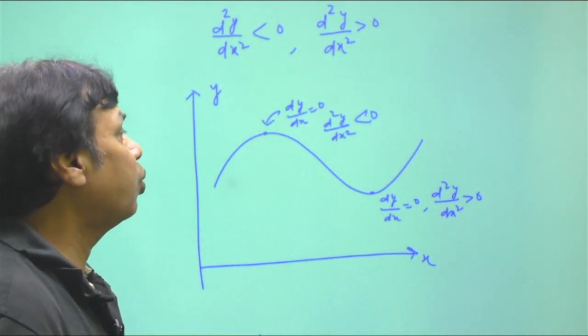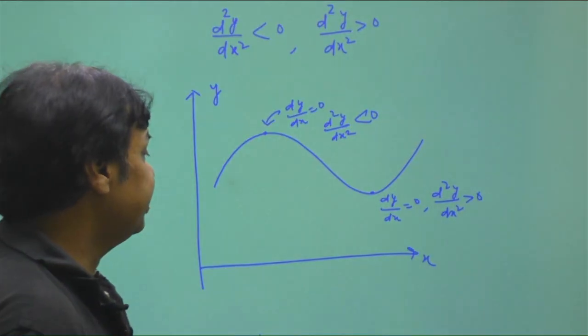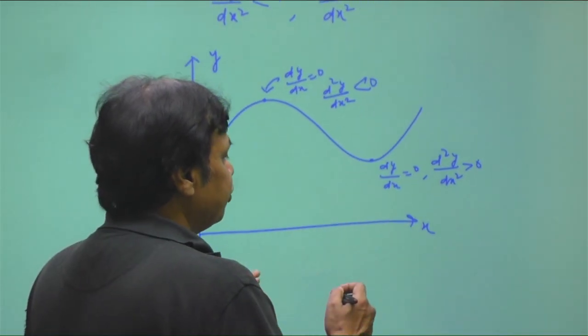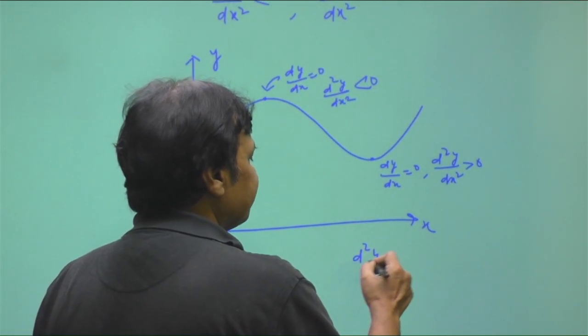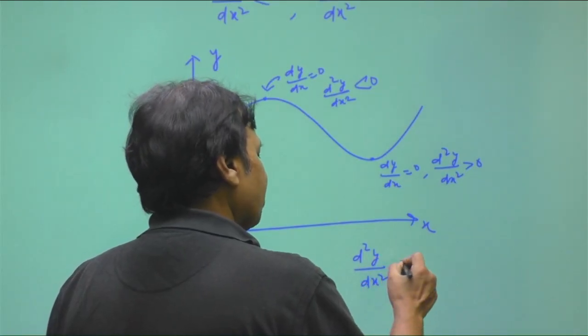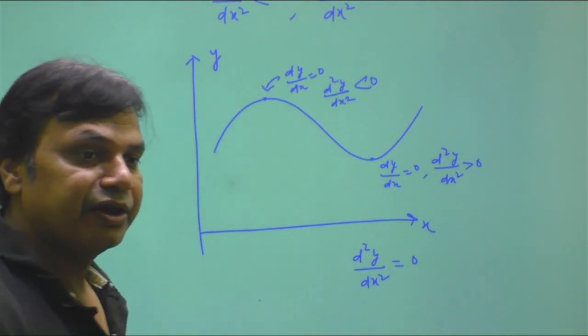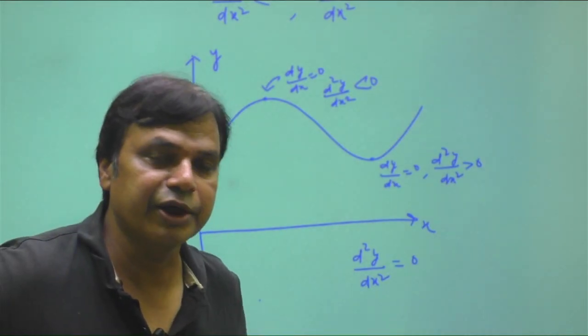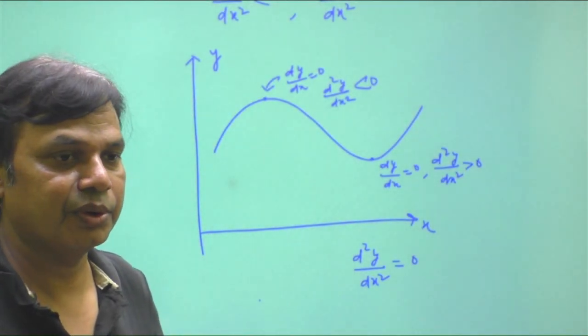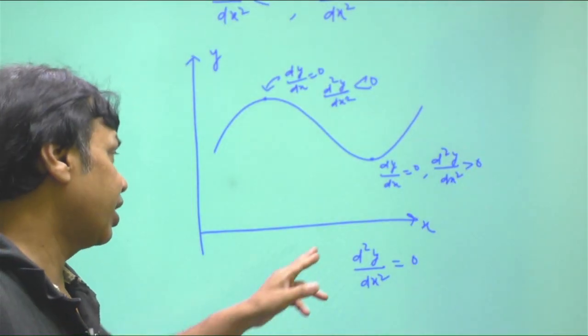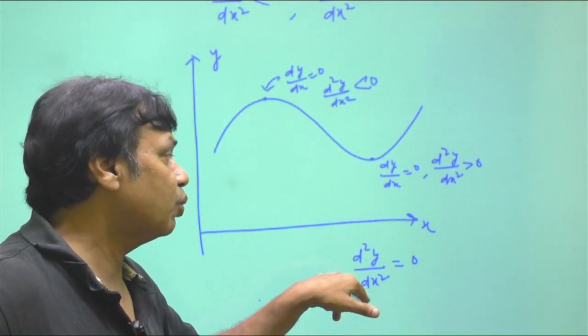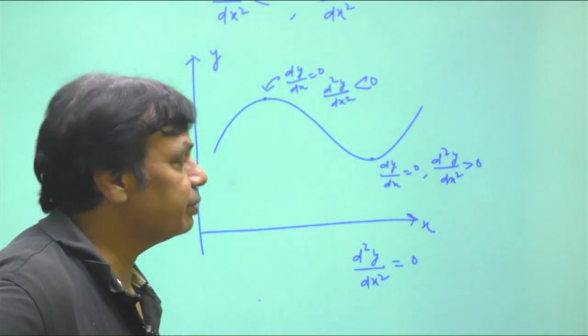And when is d2y upon dx square 0? That usually comes to mind, because we can easily identify the points where dy by dx is equal to 0, but we need to identify the point where d2y upon dx square is equal to 0.